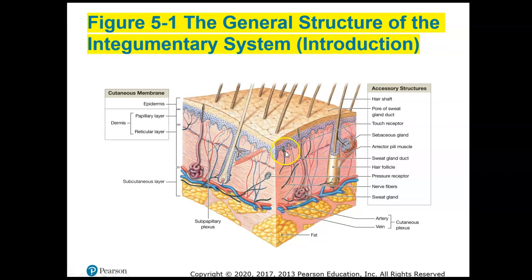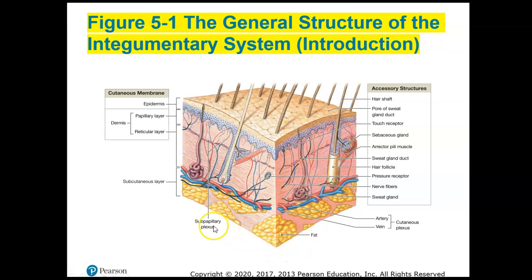We have a fine touch receptor that's in the papillary layer of the dermis. We have a pressure receptor, which is in the reticular layer of the dermis. Got some nerve fibers and some sweat glands. You can see the sweat gland here and how, if we follow it all the way up to the surface of the skin, there's the pore of the sweat gland.